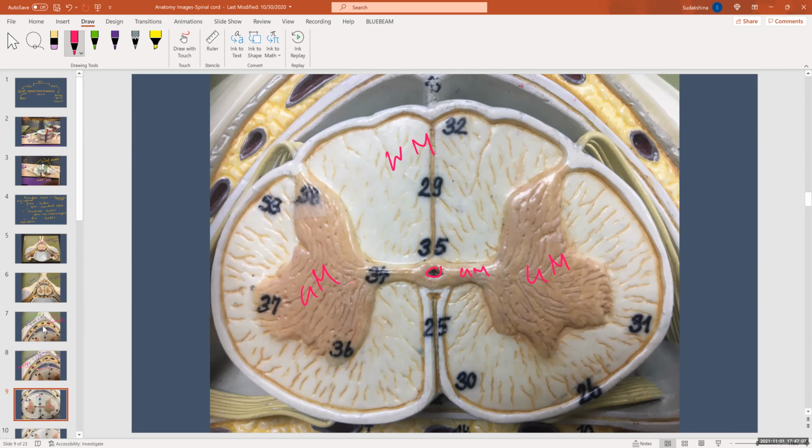Right in the middle, this is what we refer to as central canal. Central canal also has cerebrospinal fluid circulating within that.